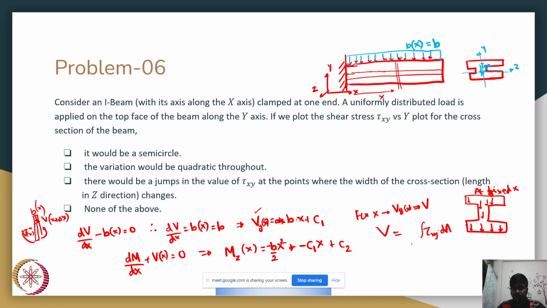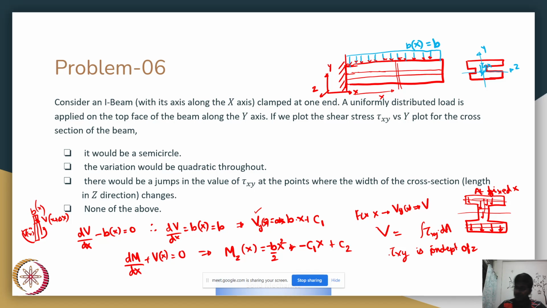We actually have to take one more assumption where we say that our tau xy is independent of z. Once you take that, all your shears for a particular z would carry the same value.